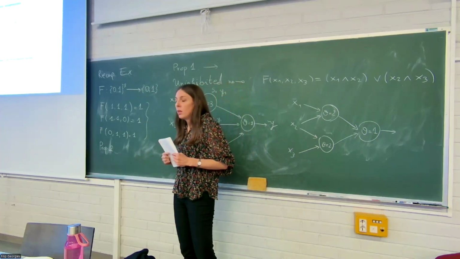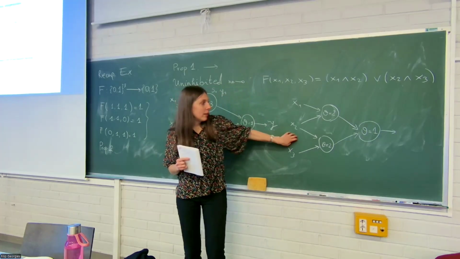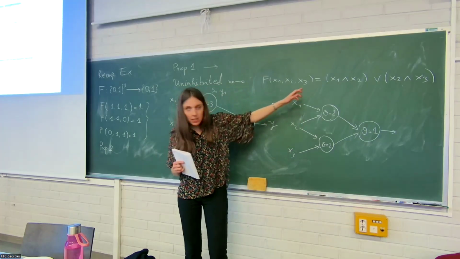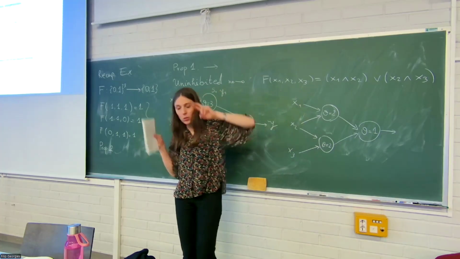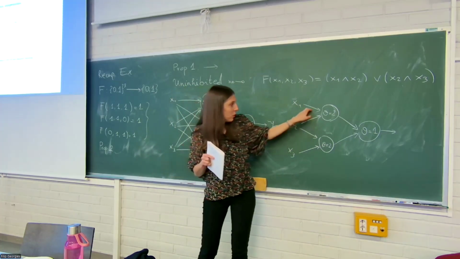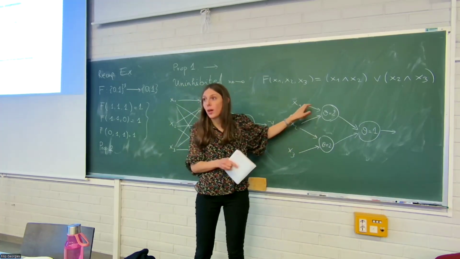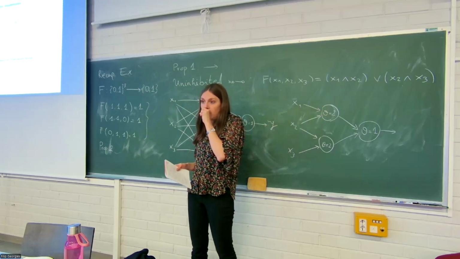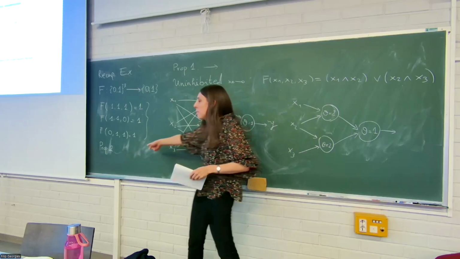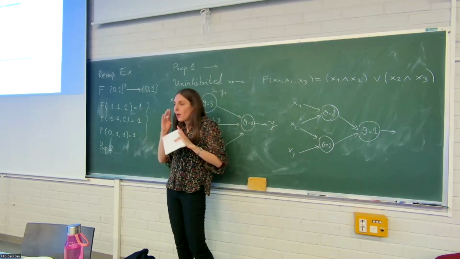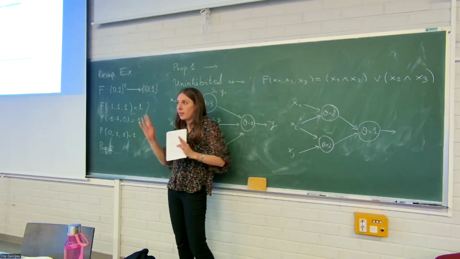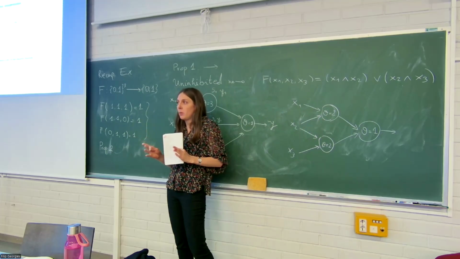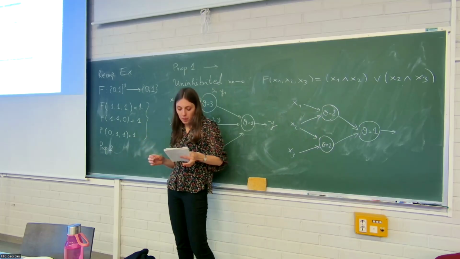In this particular case, if this is the normal form, it has this shape also because it's monotonic, so you should be able to do it in this way. The good thing about this proposition is that it guarantees that you have only two layers, so it bounds the number of layers that you can have.